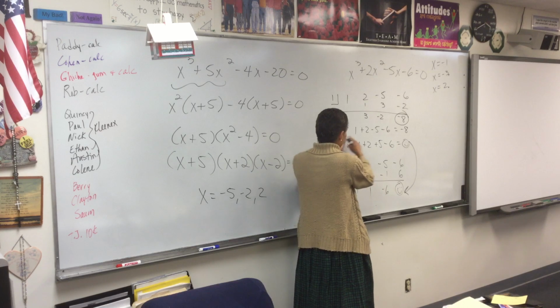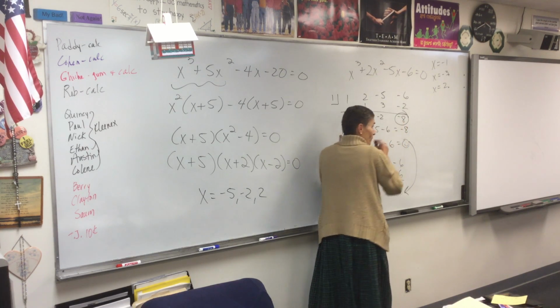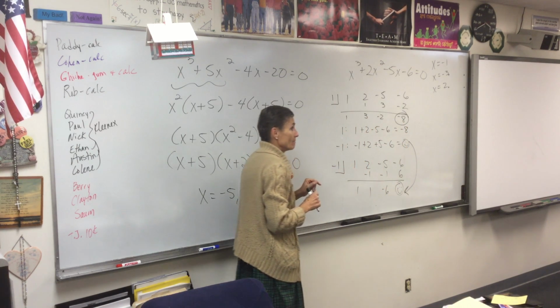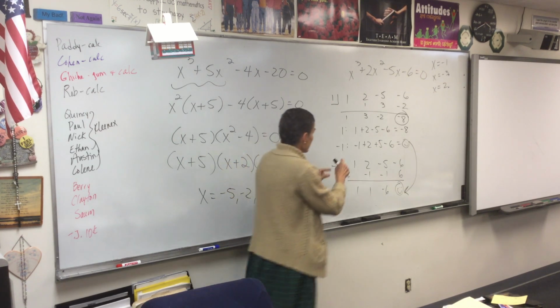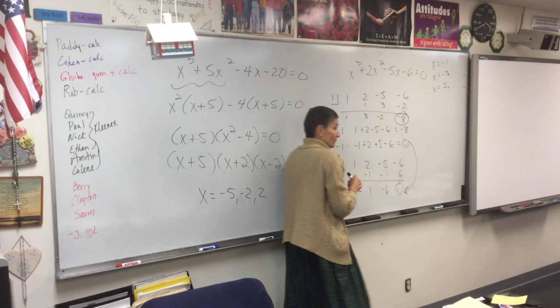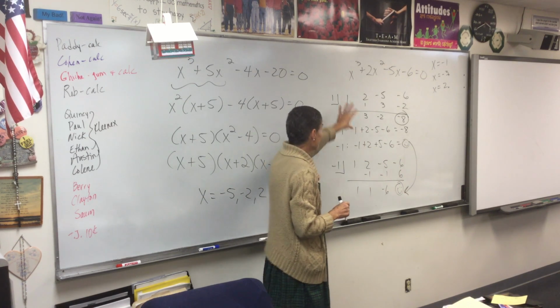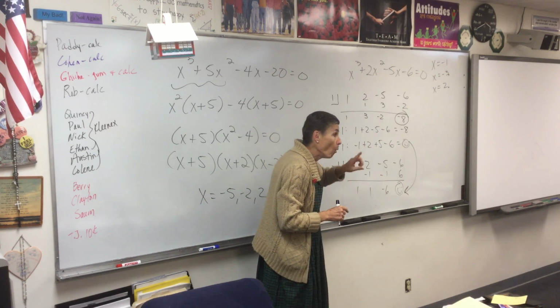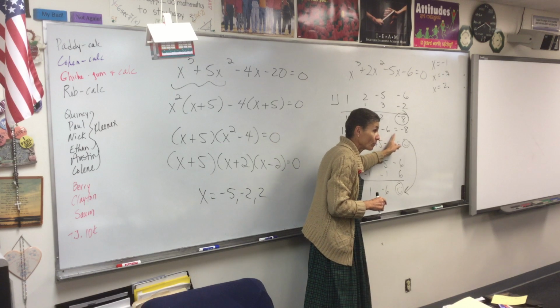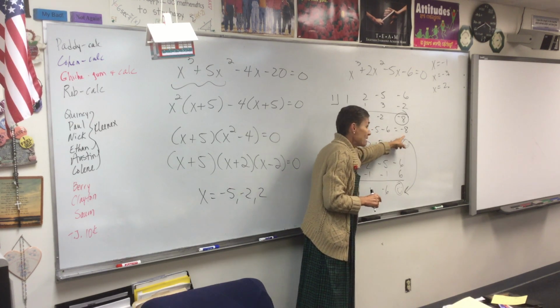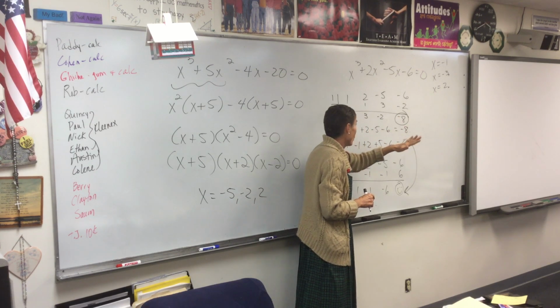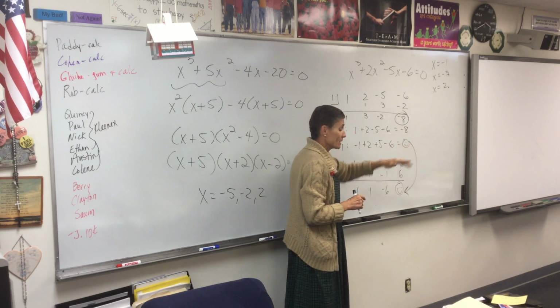When I plugged this one in, I got -8. What was my remainder? -8. So if all you're interested in is the remainder, you can get it 2 ways. You can do the division, or you can just plug the number in. You're going to get the same answer either way, if all you want's the remainder.